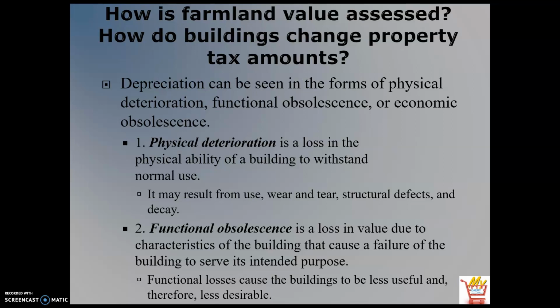So basically, if a building becomes too small or the operation outgrows that building, that could be viewed as functional obsolescence. It's hard because physical deterioration and functional obsolescence are very, very similar. Basically physical deterioration is almost a severe form of functional obsolescence. The building just can't do what it's supposed to do anymore, therefore it becomes less desirable.